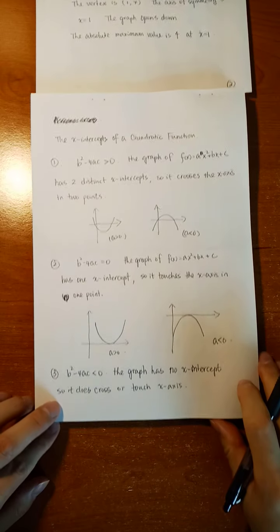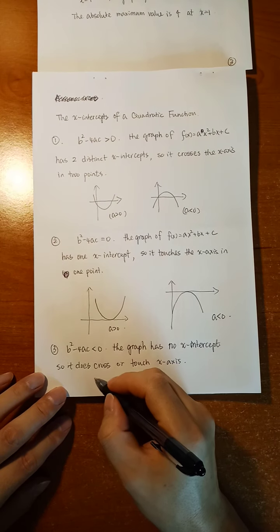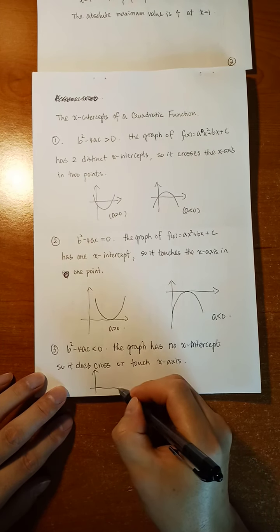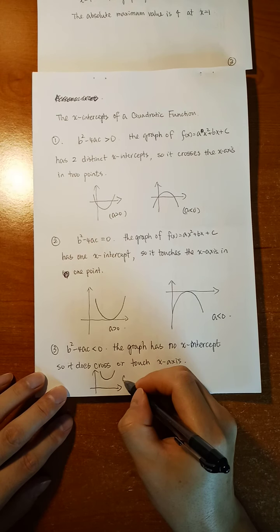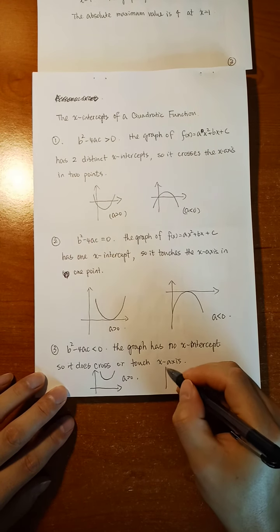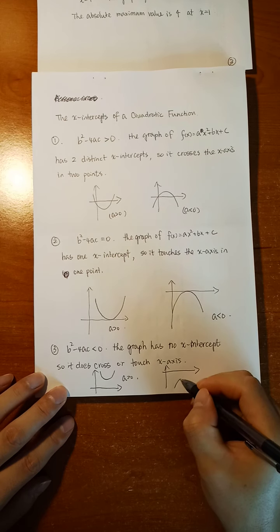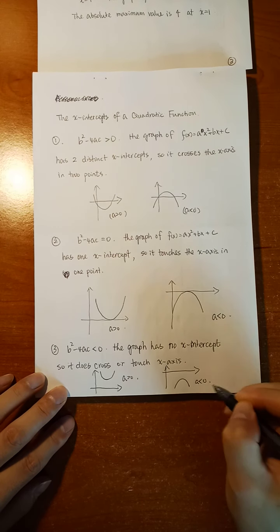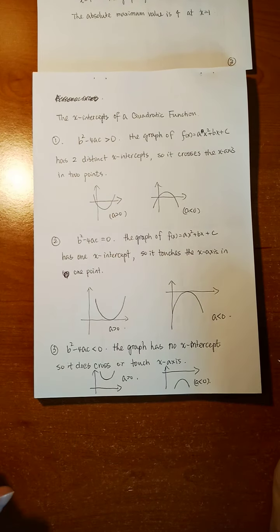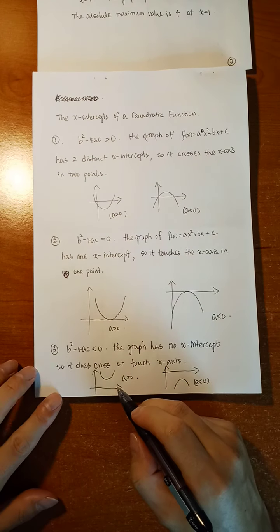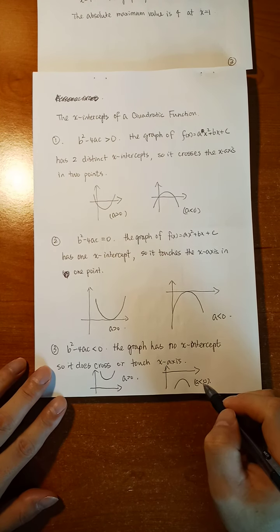If it does not cross or touch the x-axis, let me put it on the same. It's like this. And like this. If a is greater than 0, or if a is less than 0. This is the case when a is greater than 0. This is the case when a is less than 0.